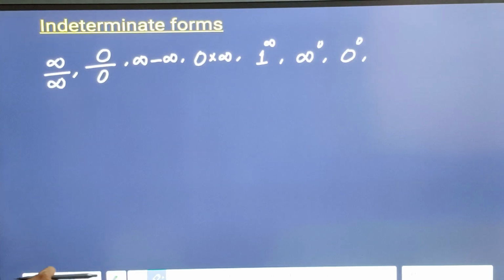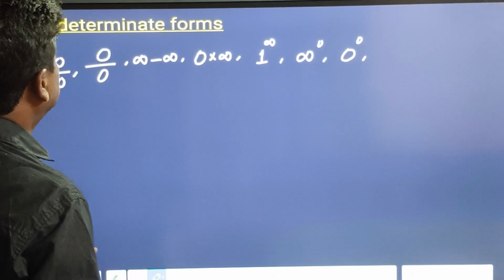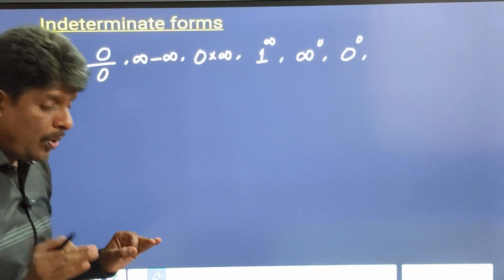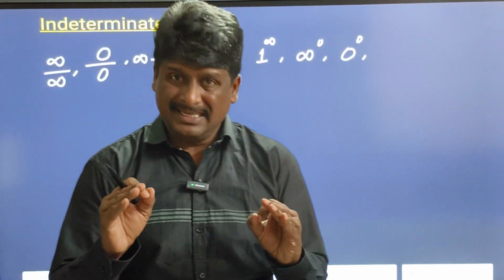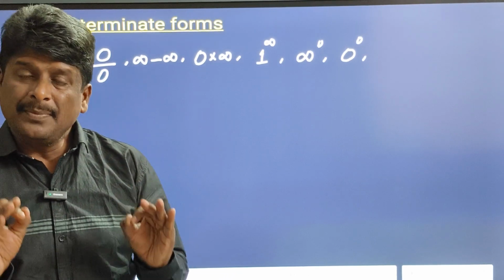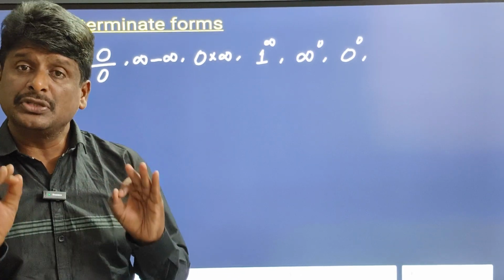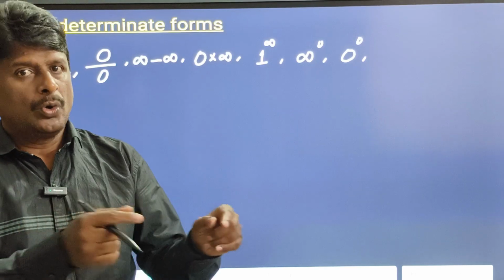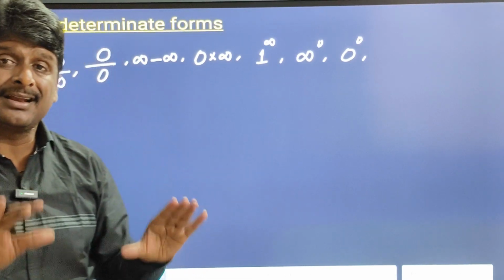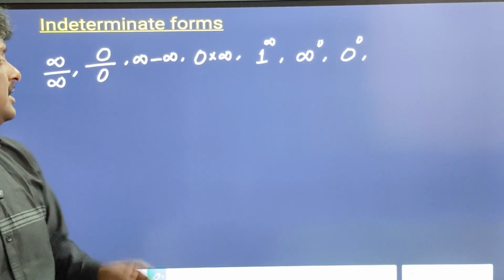Okay, do observe that. These are the 7 indeterminate forms. What is the meaning of the word indeterminate form? In mathematics, a value cannot be fixed for these forms, so they are called indeterminate forms.